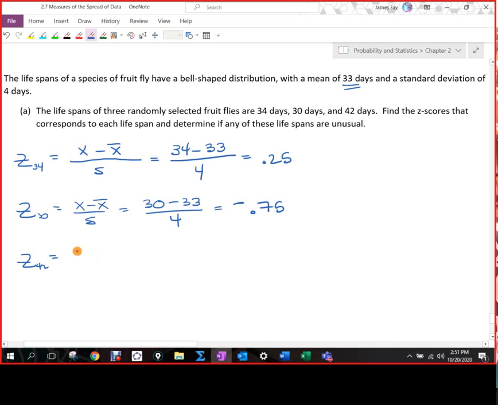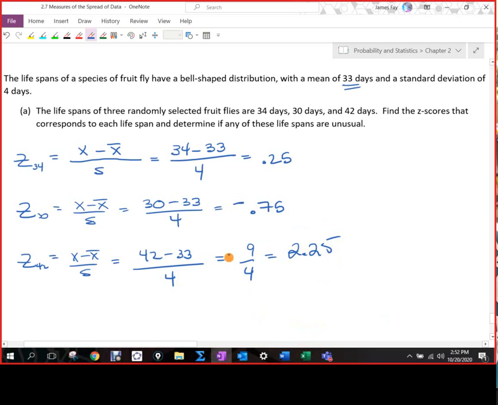And then this 42 is going to be x minus x bar over s, so 42 minus 33 all over 4. So that gives me what, negative 9/4? Oh, I'm sorry. You're right. Positive. My fault. So 42 minus 33 gives me 9. 9 divided by 4 is 2.25.